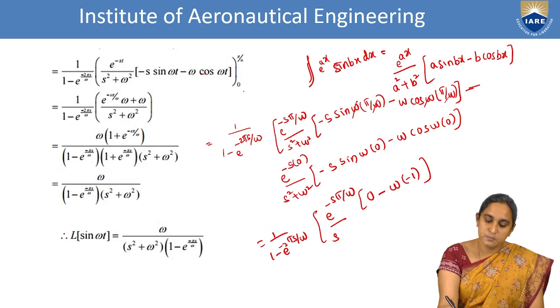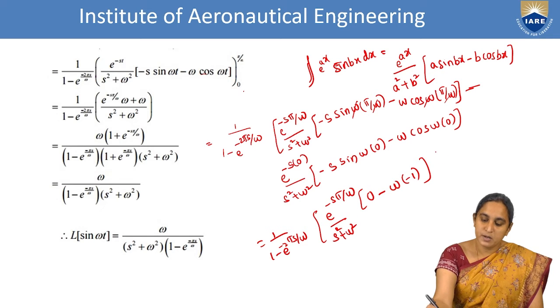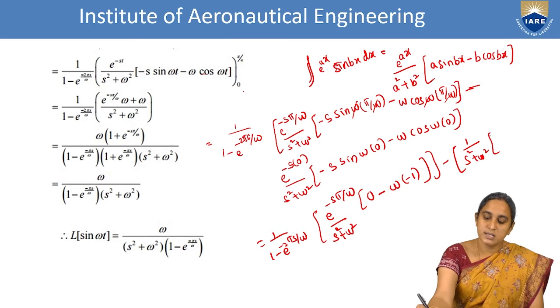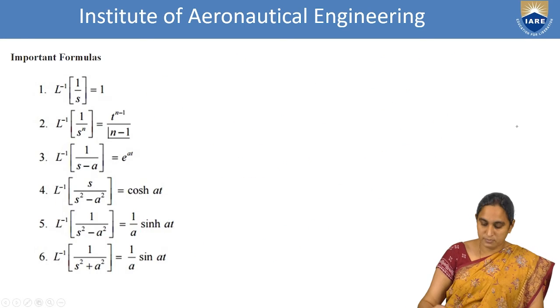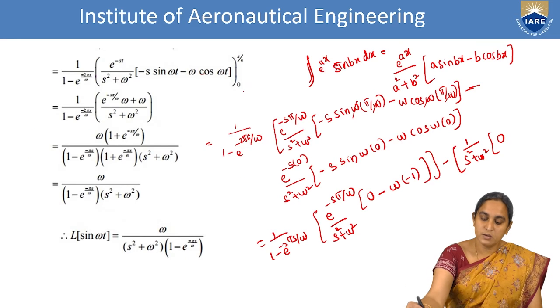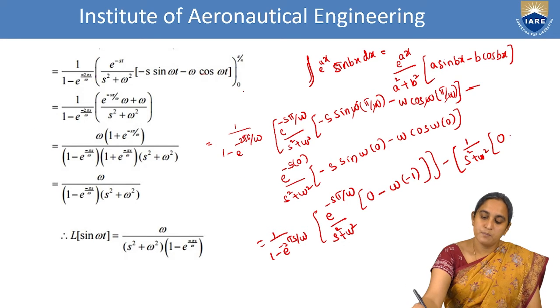And the next continuation, minus of e power 0, that is 1, by s square plus w square, here sine 0 is 0, and cos 0 is 1. That is minus w of 1.